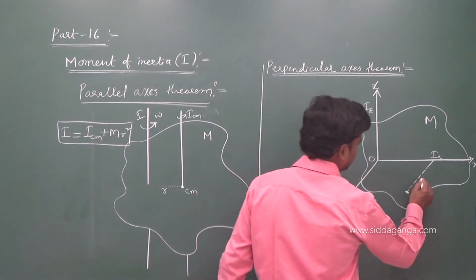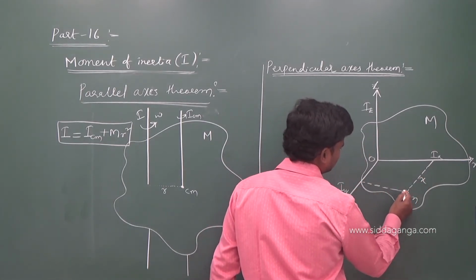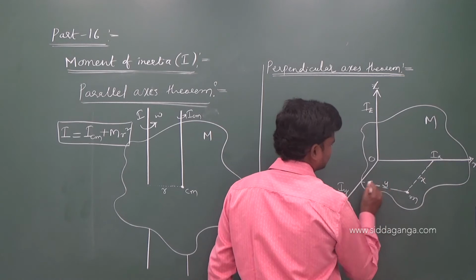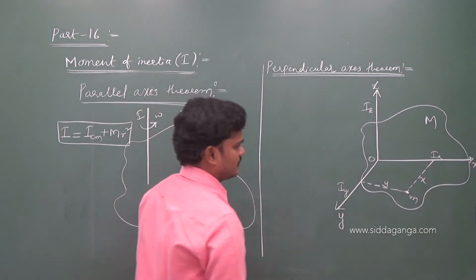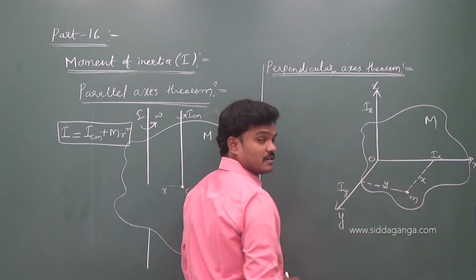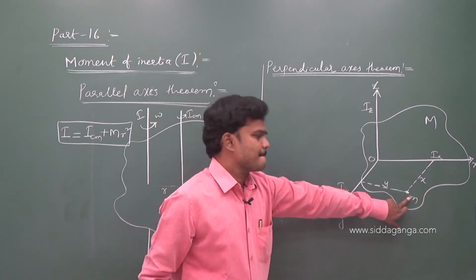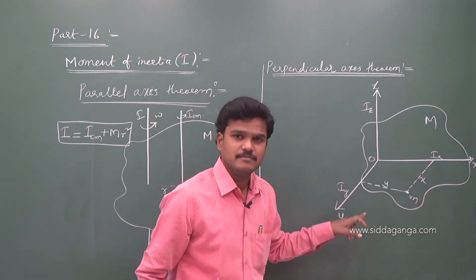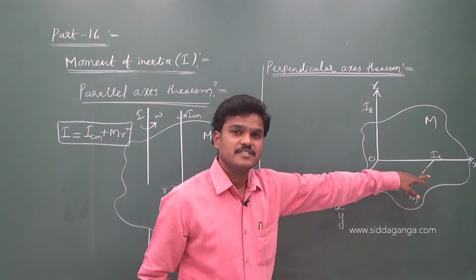This particle is at a perpendicular distance x and a perpendicular distance y, so you will get a parallelogram. If the picture is not clear, no problem. This particle is in the xy plane, at distance x from the y axis and distance y from the x axis.